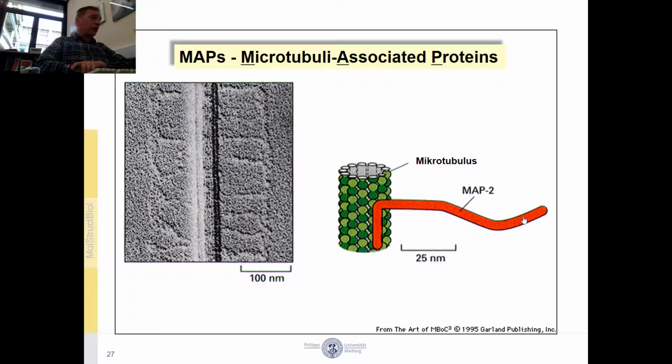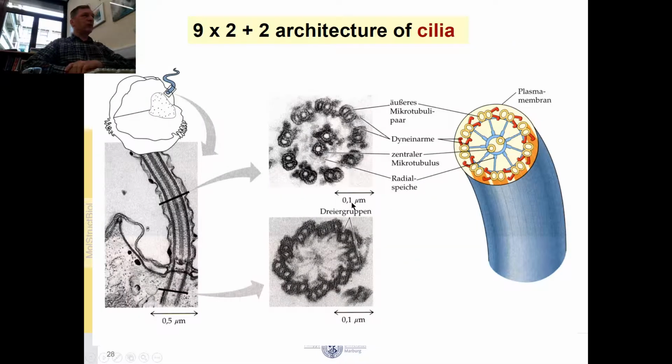I just mentioned a lot of associated proteins with microtubuli. You see the kinesins have been actually the mobile class of them, but there are also more or less static ones. You see this here as an example for decorating the microtubuli. We also have some tubuli which have a specific function, like in our cilia.